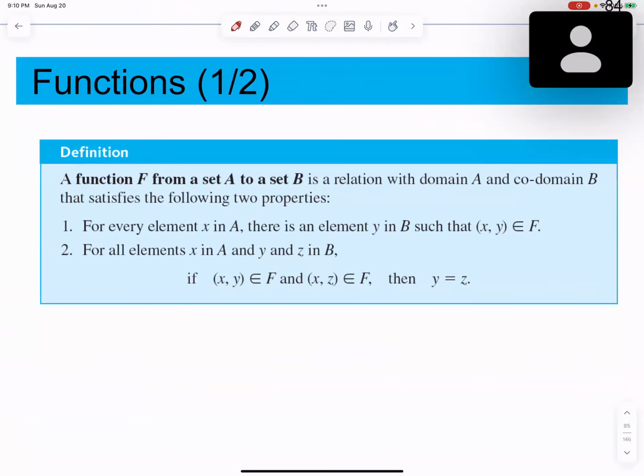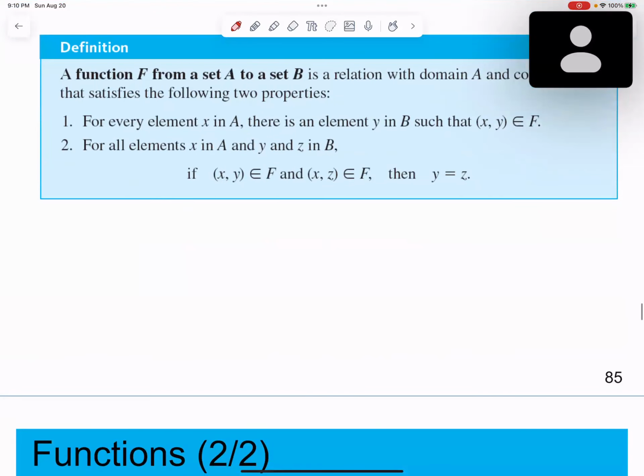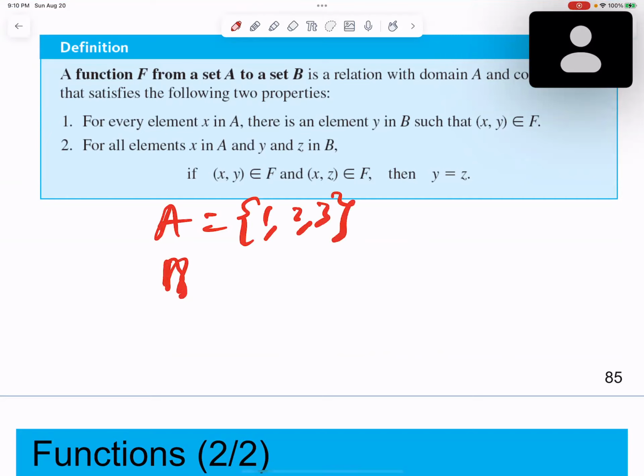And we have function. The function f from a set to another set is a relation. Okay. If you have a set A, 1, 2, 3, and another set B is 2, 3, 5, 7.